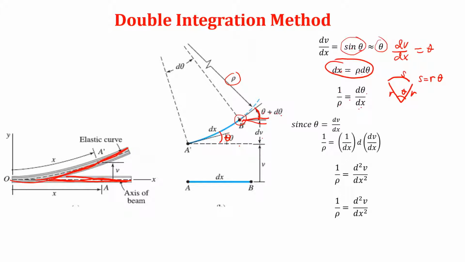But, in the beginning, we established that theta is equal to dv over dx. So, substitute lang. So, finally, we can have this one: 1 over rho is equal to, this is familiar, the v double prime, right?